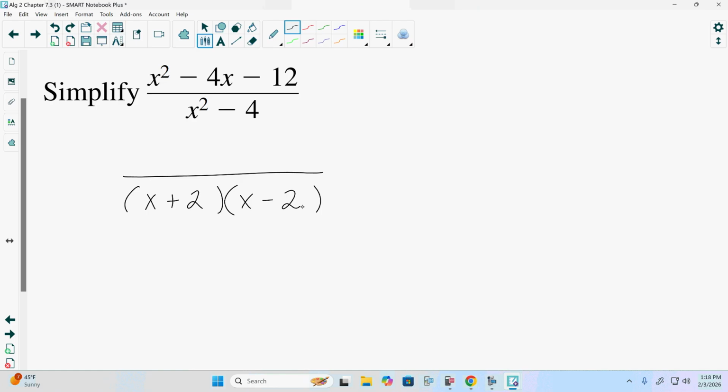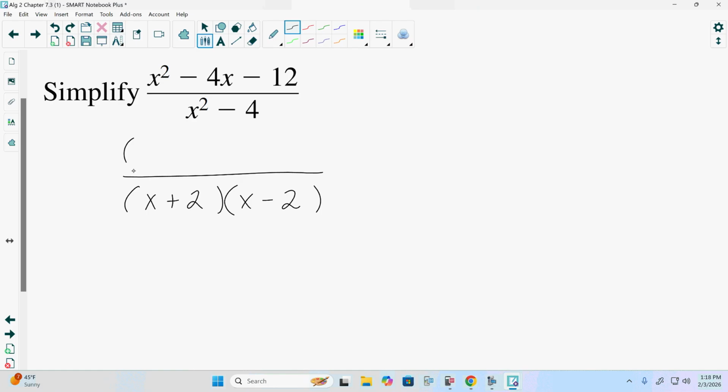Because if I don't have x plus 2 or x minus 2 as a factor on top, nothing simplifies because there would be no common expression on top and bottom. Nothing factors out, nothing simplifies out, so it's simplified as is. So it gives me a hint. If something's going to simplify, it has to be one of these two.